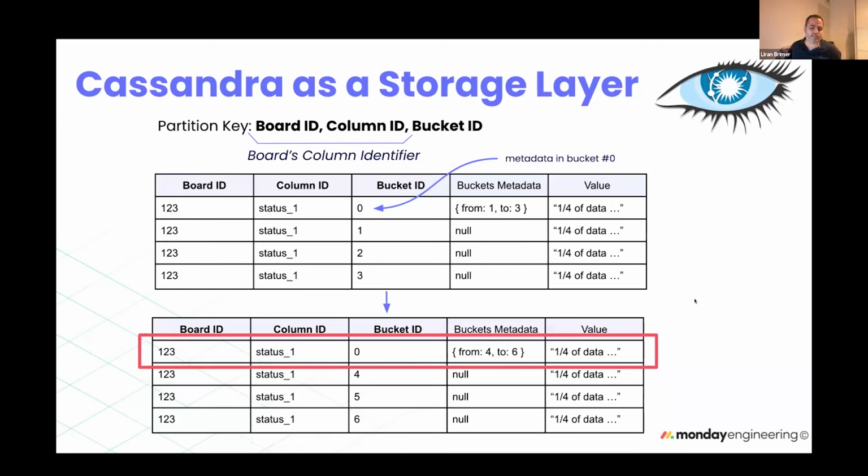This is very cool because even though we have the data split into 4 different partitions, the readers always see a consistent view of the data. While we haven't finished writing 4, 5, and 6, they just have bucket 0 with a reference to the previous version of the data. Once we overwrite bucket 0, everyone reading from then on sees the new updated buckets, and then we can delete the old buckets in the background.